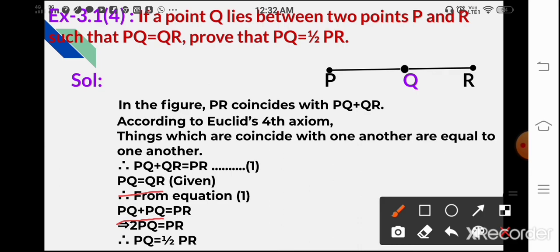PQ plus PQ means 2PQ, that equals PR. By transposing 2 from LHS to RHS, it becomes 1 by 2. Therefore, PQ equals 1 by 2 PR. Now it's proved. That is PQ equals 1 by 2 PR.